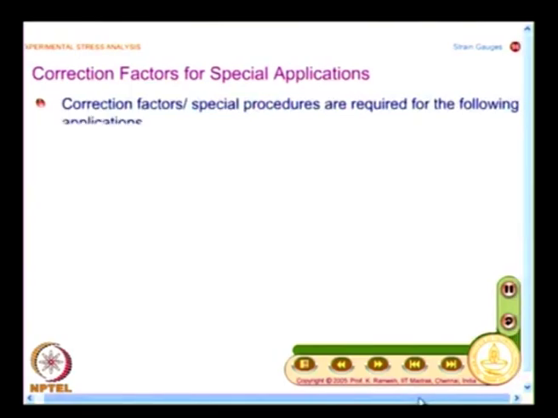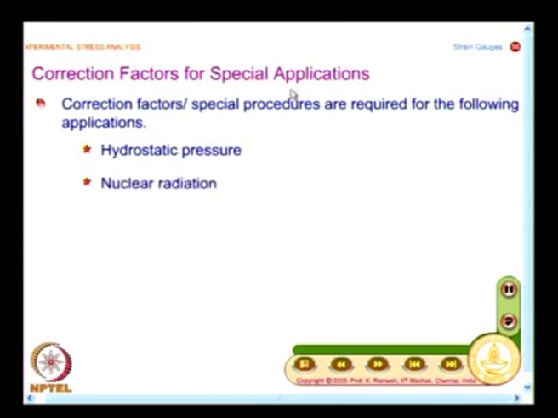Here the topic itself says: what are the correction factors for special applications. You can't be doing strain gauge work only for simple applications, you need to find out what happens inside a pressure vessel, because you all know from Lame's problem the inner surface of the pressure vessel is subjected to the maximum amount of tensile stress.